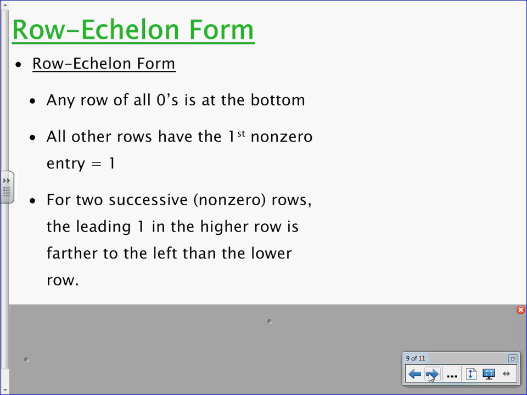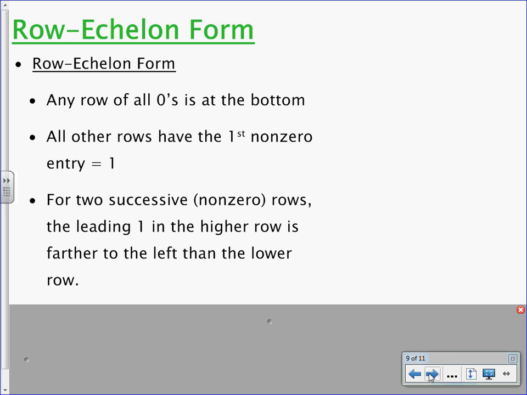All other rows have the first non-zero entry as 1. What does that mean? Okay, if there are 3 numbers, then they could start with 1 or 0, 1 or 0, 0, 1.